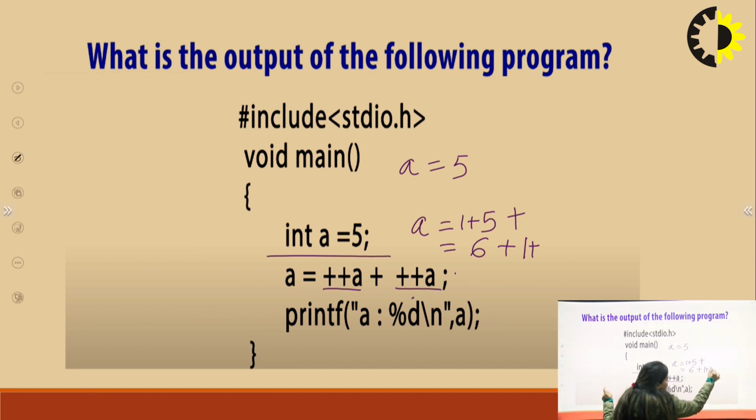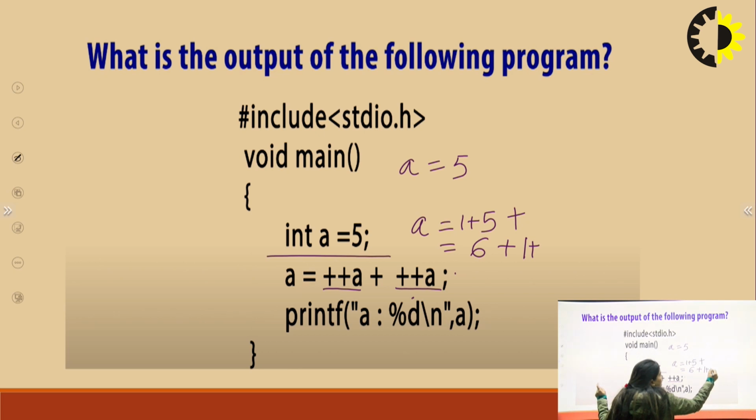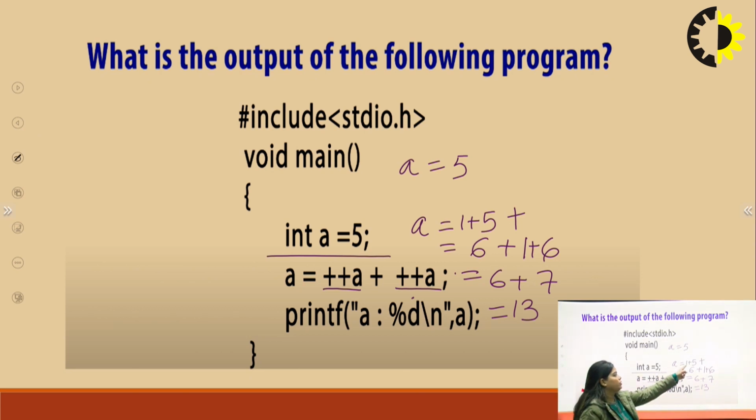So 6 plus 7, that means 13. As A was 5, plus 1, that is 6. A has become 6, so 1 plus 6, that is 7, and the result is 13.